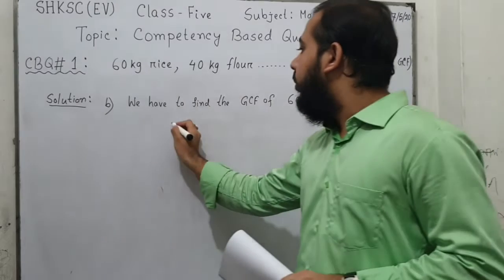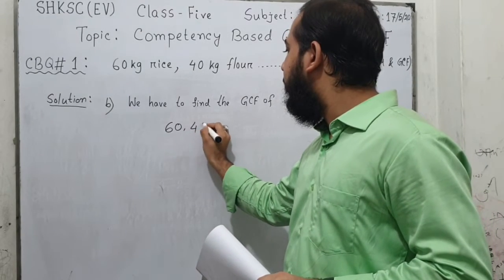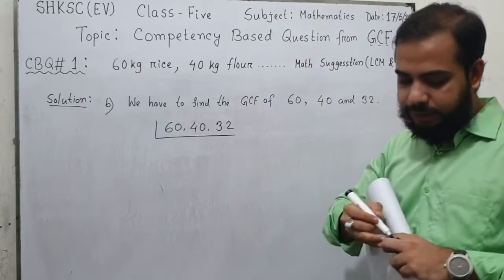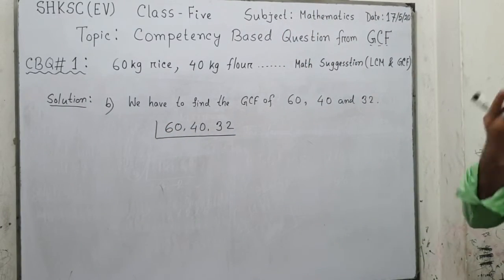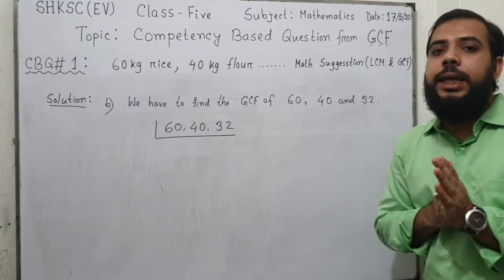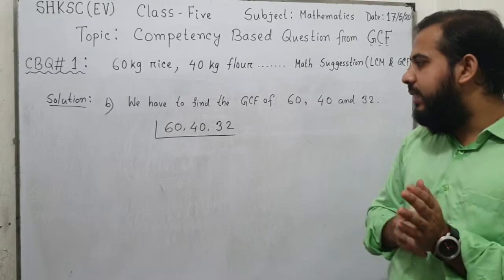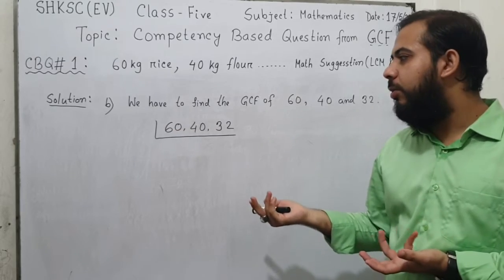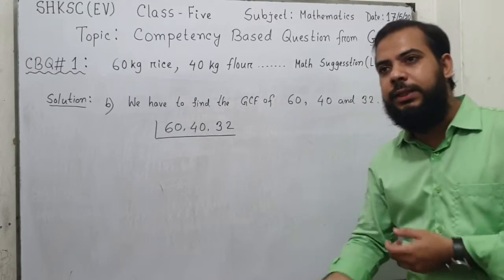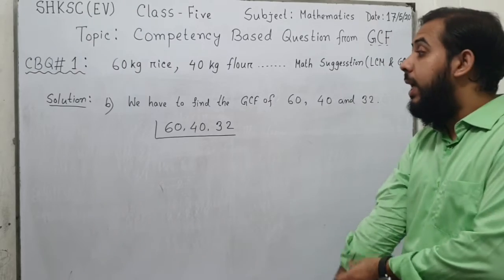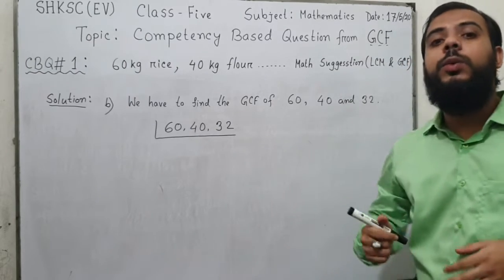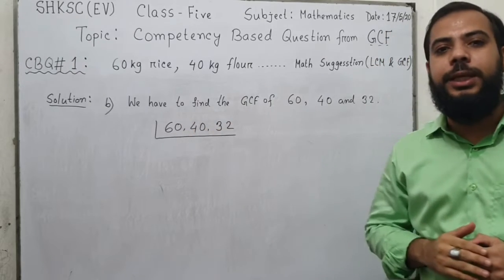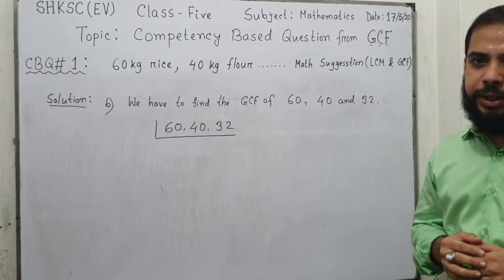So we do the Euclid method here also, but there is a difference between LCM and GCF. In LCM, if any 2 numbers are divisible by a smallest or common number, then we divide. But for GCF we have to check if all the numbers are divisible by a specific number.